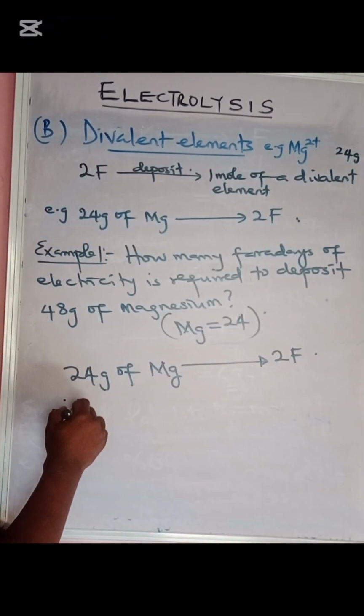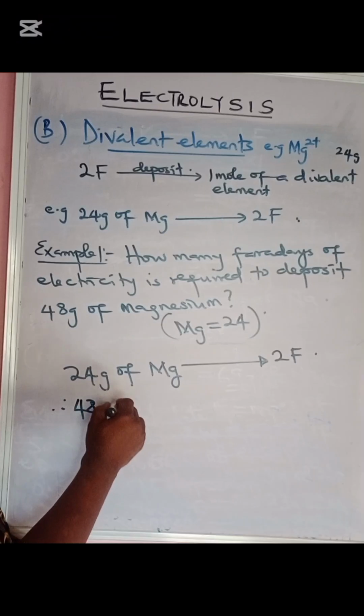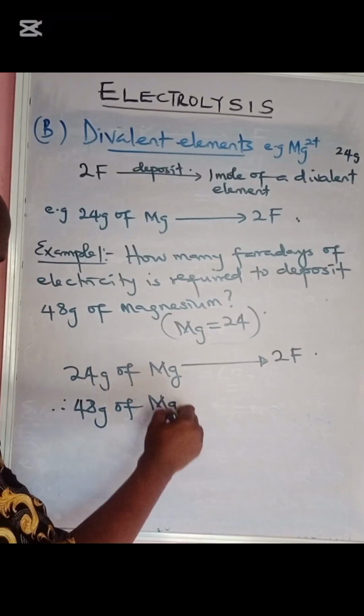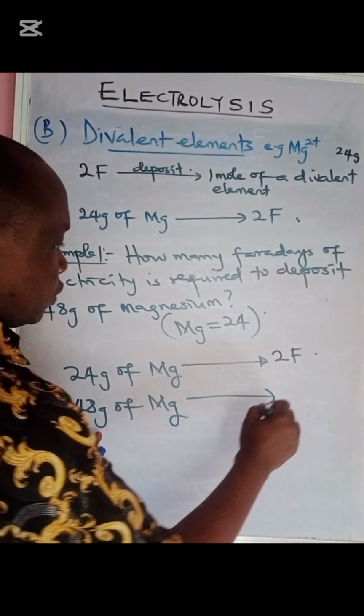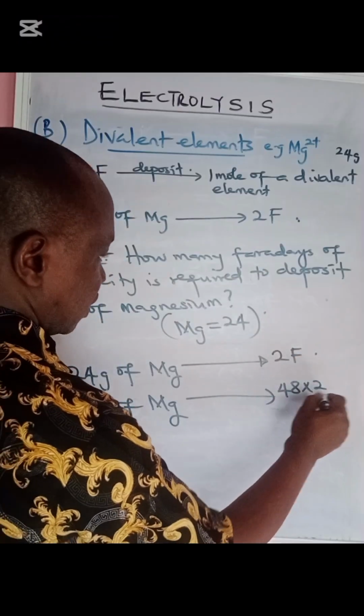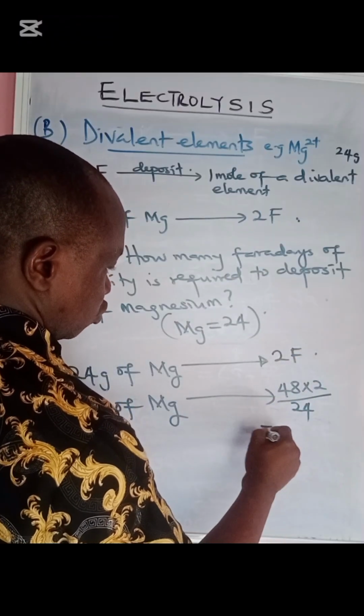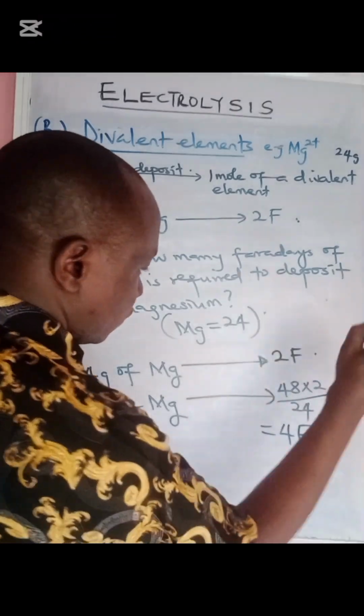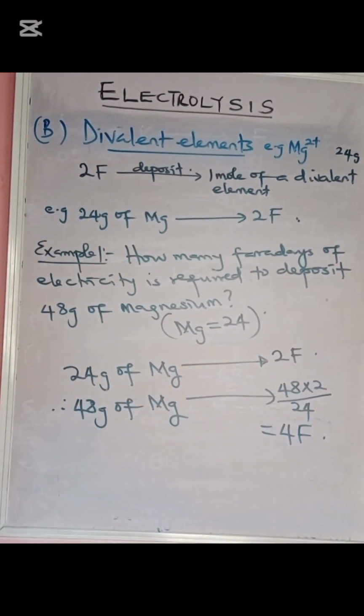Therefore, 48 grams of magnesium will require 48 times 2 divided by 24. So we need 4 Faraday. If you like, you can convert it to coulomb by multiplying by 96,500.